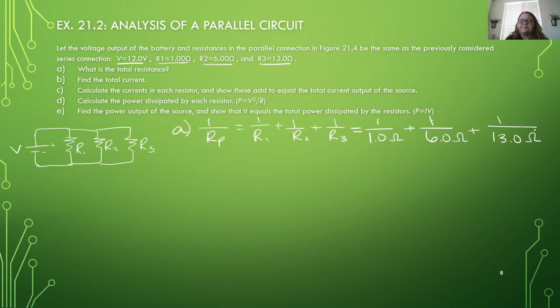The textbook has you solve these individually right now. What I would rather do is plug this whole thing into my calculator. It seems a little tricky, but really it's just fractions that you're plugging in and adding together.